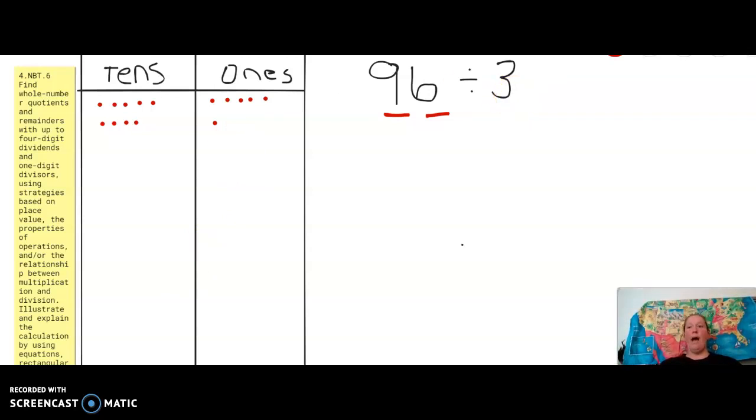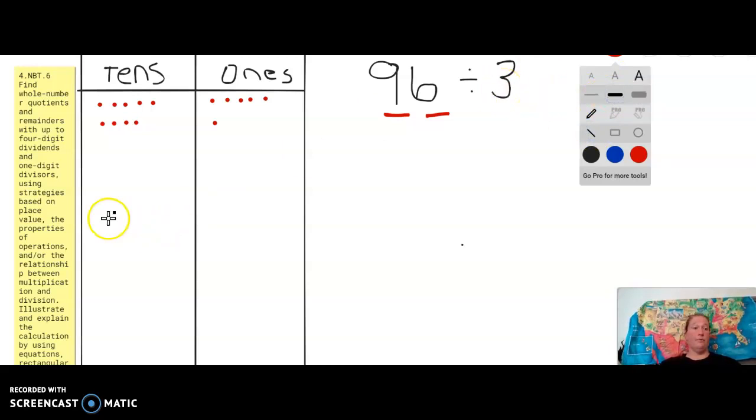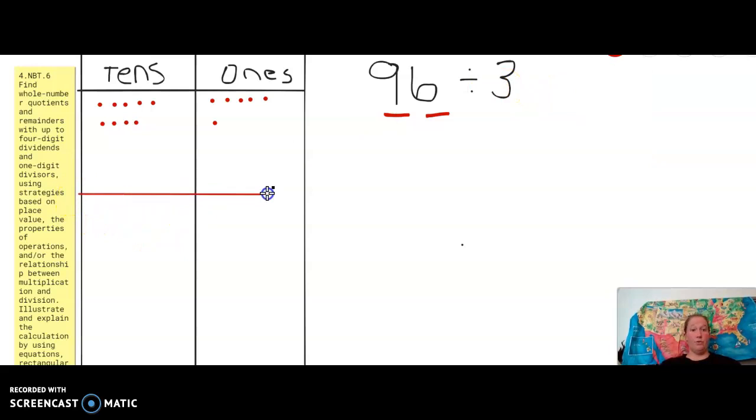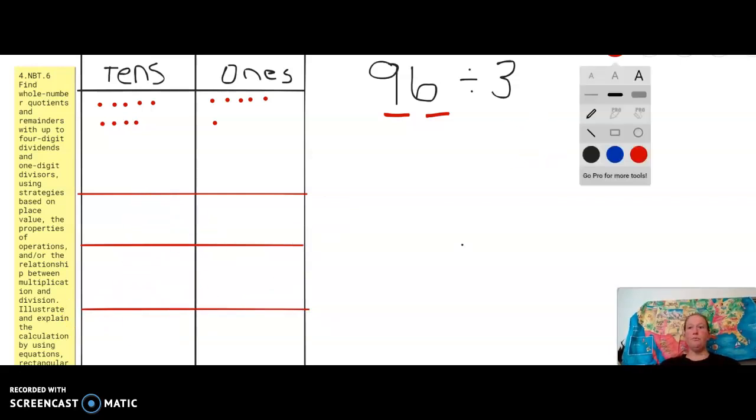We need to now know how many groups we are going to break it into. 3 different groups. So let me make my groups. 1, 2, 3. There we go. We have 3 groups. Perfect.